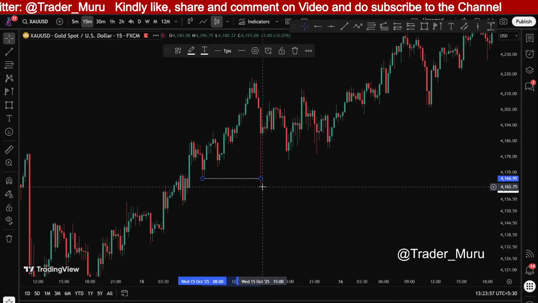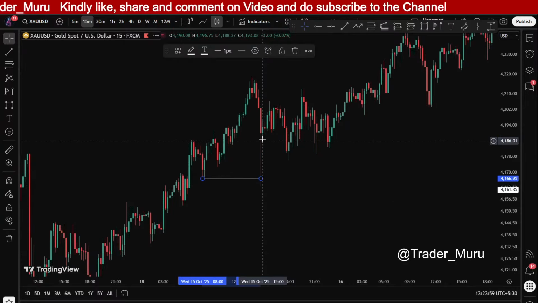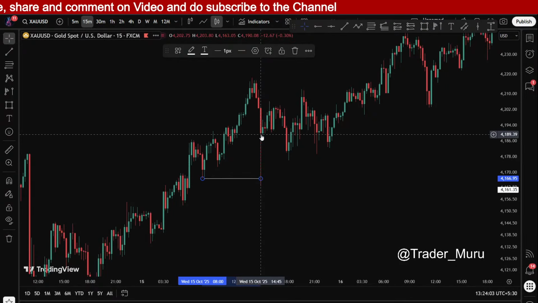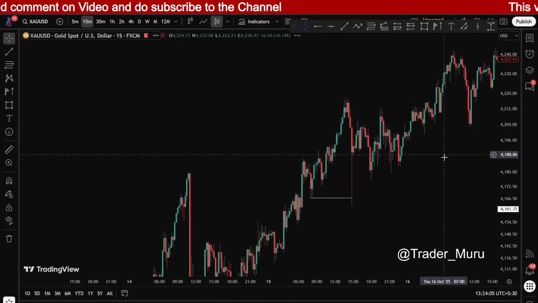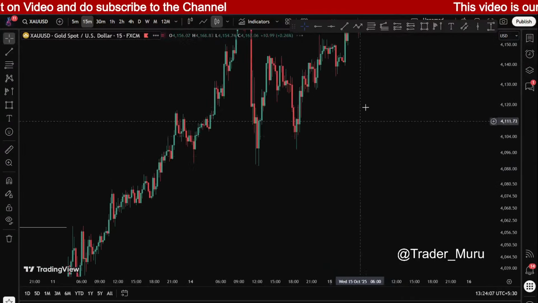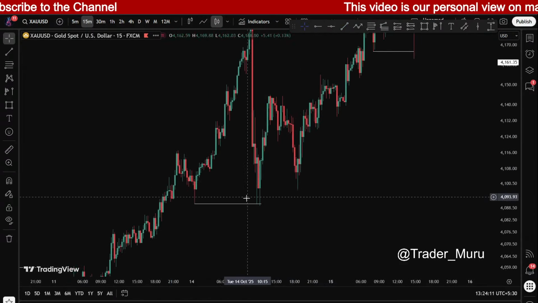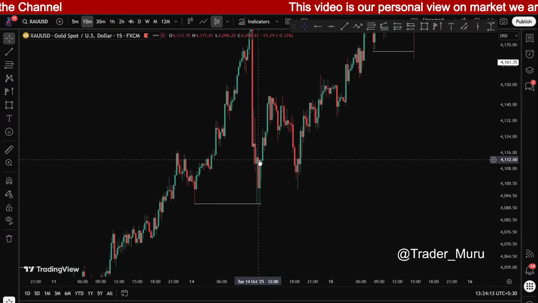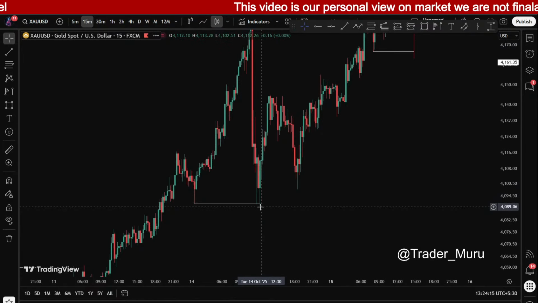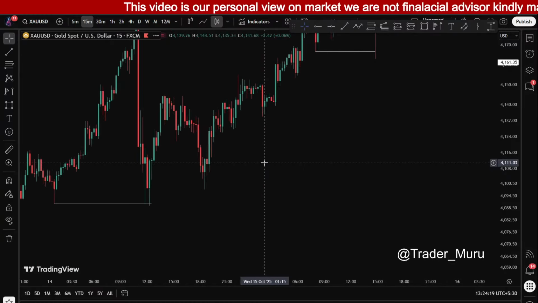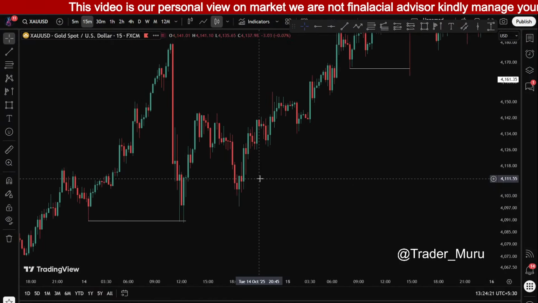After this sweep, look at this reaction, almost 300 pips. Same here, liquidity sweep and this rejection around 90 to 11, so almost 200 to 300 pips.